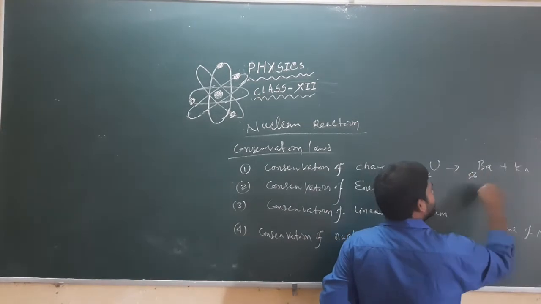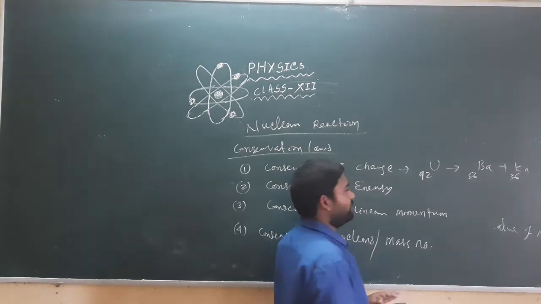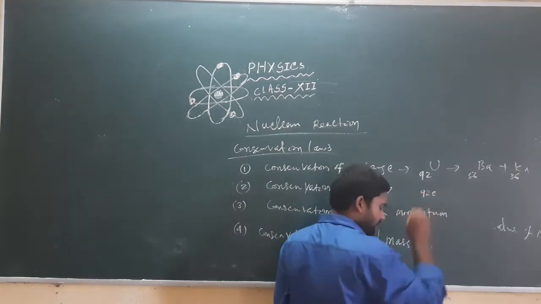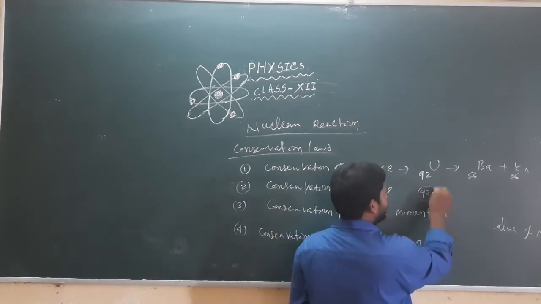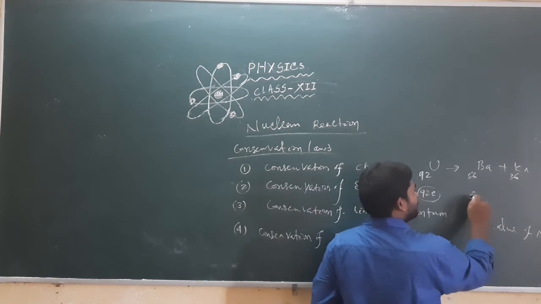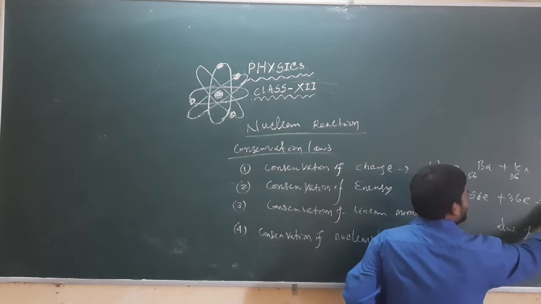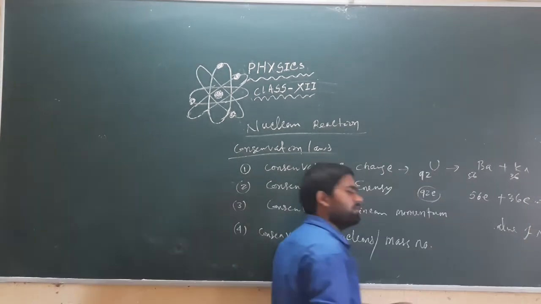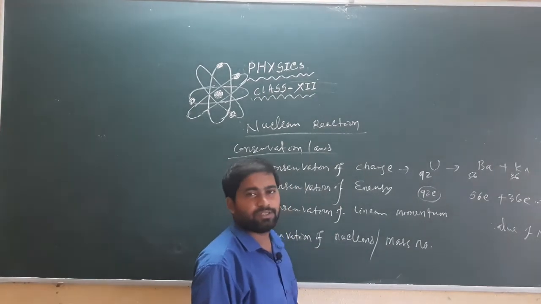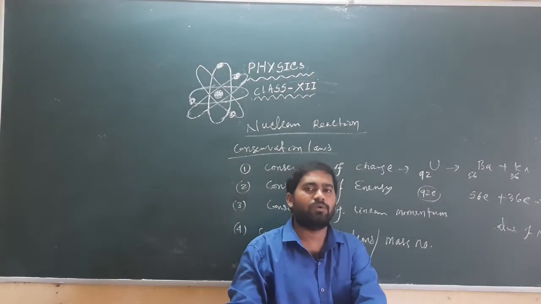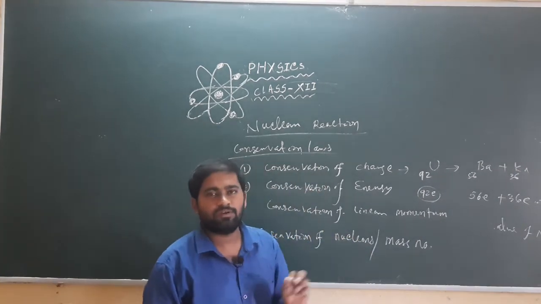Barium has 56 and krypton 36. The charge before reaction is 92e, and the total charge after reaction is 56 plus 36, so the total charge will be 92. So the charge before reaction must be equal to the charge after reaction. That is called conservation of charge.